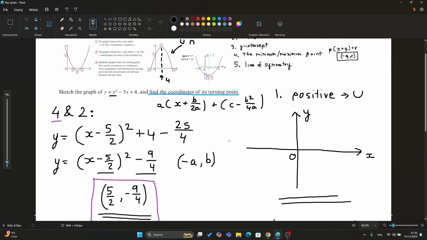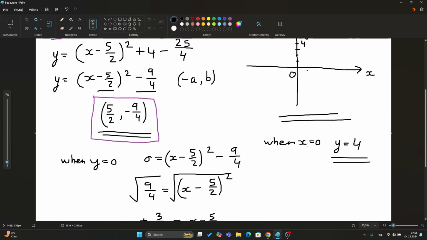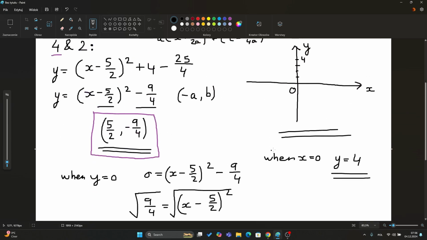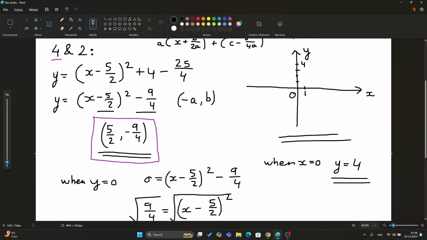Now we plot the things we found on the graph. These are the 1, 2, 3, 4 for the y-intercept. These are the roots, which are 1 and 4. So 1 here, 4 here.